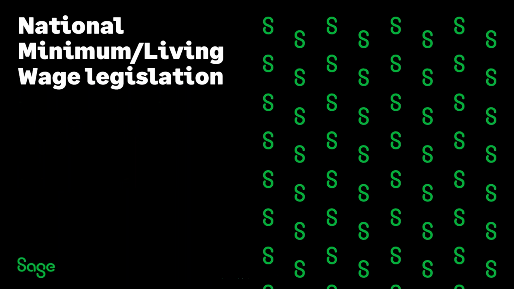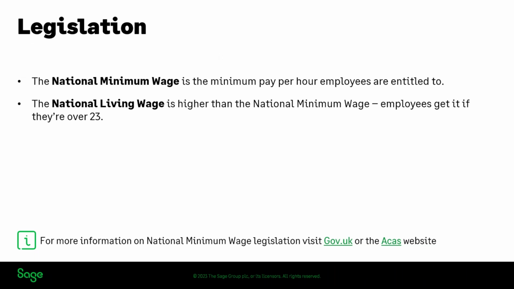So let's get started with a little bit on national minimum or living wage legislation. The national minimum wage is the minimum amount of pay per hour that employees are entitled to. So it's any employee above school leaving age, and the rate that applies will depend on the age of the employee.